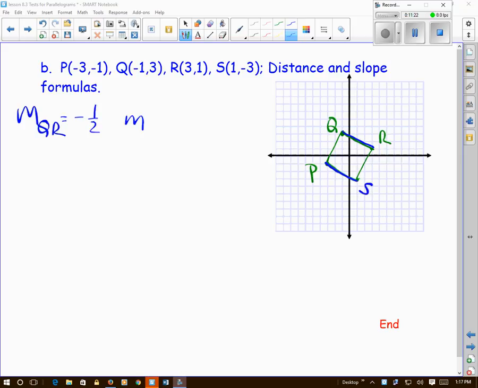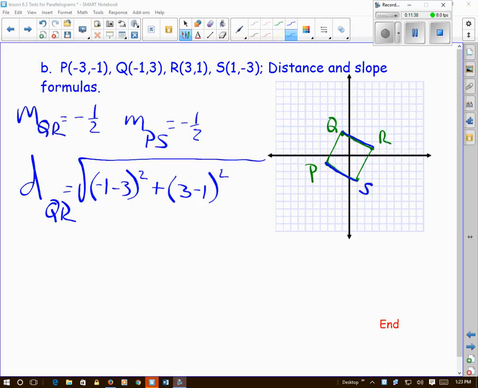And the slope of PS, I'm not using the formula right now, though you would be to show me the work for that, is also negative 1/2. Finding the length of each segment then, the distance from Q to R is given by the distance formula. So we have 16 plus 4, or the square root of 20.